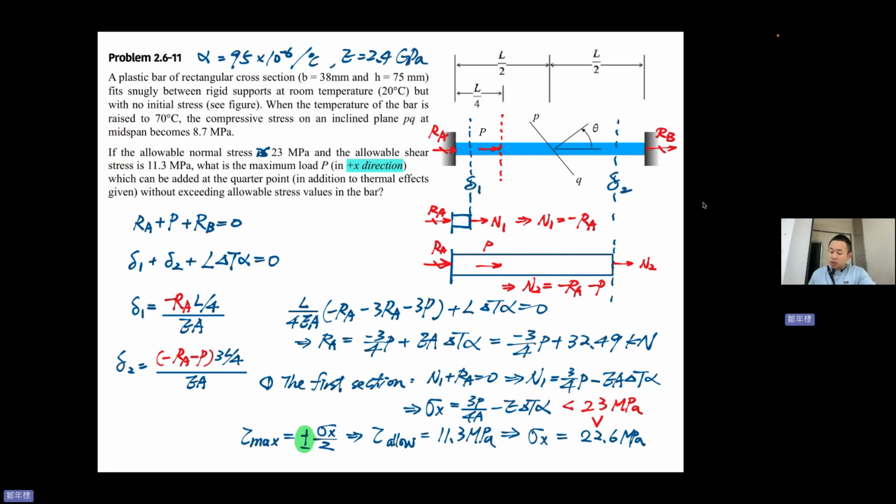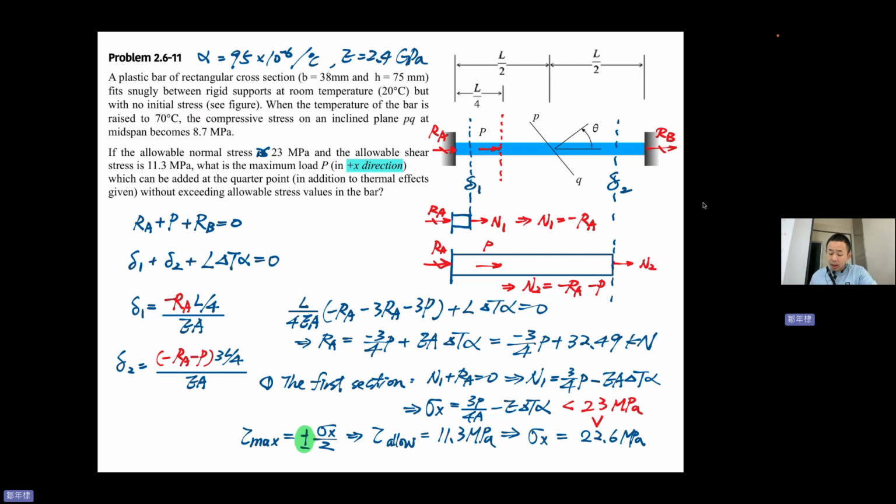C is the most difficult one, so I just mention it here, and there are two pieces of information I need to edit here. I also highlight this plus X direction, the force acting at the quarter of the length. This will be the key later. We will use that later.